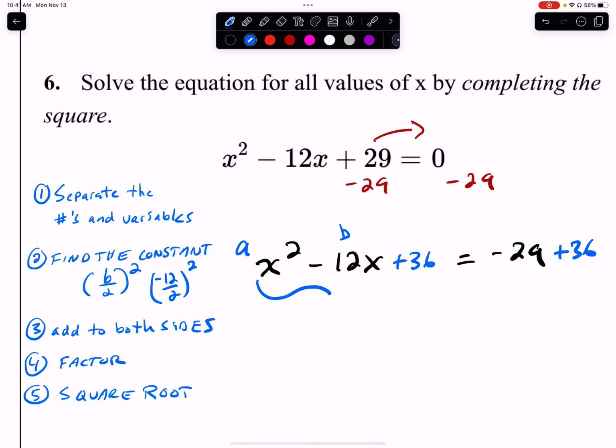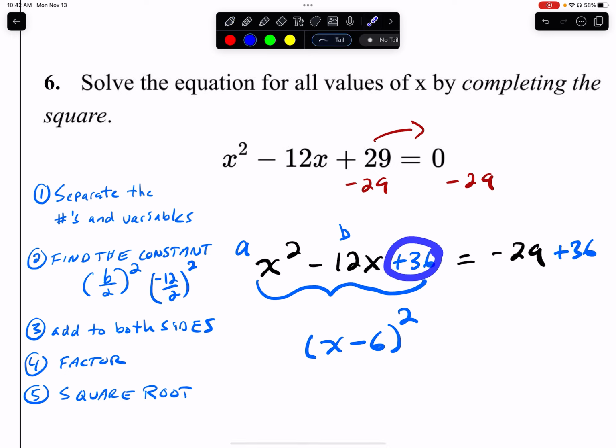This breaks down to, be careful here, x minus 6 quantity squared, because negative 6 times negative 6 gives us positive 36, and negative 6x plus negative 6x is a negative 12. So watch out for your signs there. The right-hand side is going to turn into a 7.